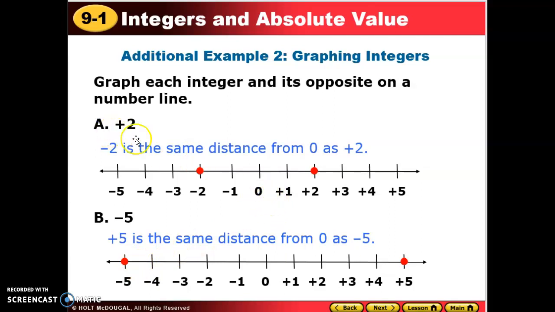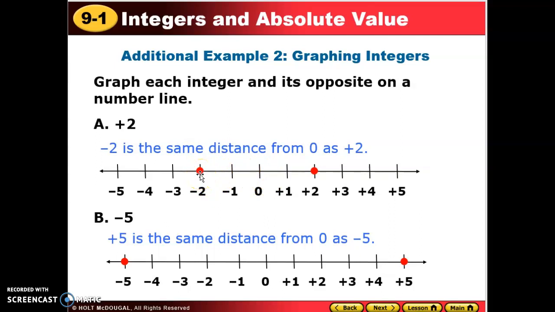So it gives you +2, and it has that positive in front of it. And right here on the number line, here's the +2, and then you're going to go -2, the same distance but in the opposite direction. And here it is. It's plotted right there for you.